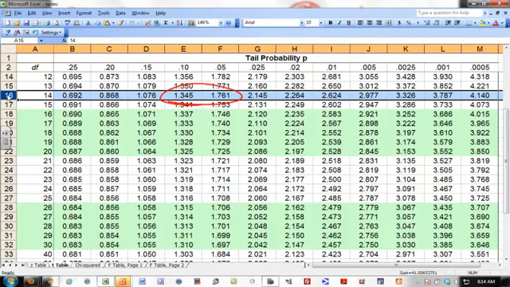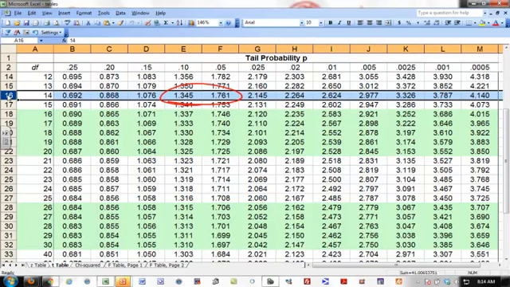Is that enough to be able to make a decision in step 4 of the process? The answer is yes. We don't have to know that it's exactly 7% or 8% or 8.3%. All we need to know is, is it bigger than alpha? Whatever it is, it's going to be bigger than alpha because it falls in that gap.